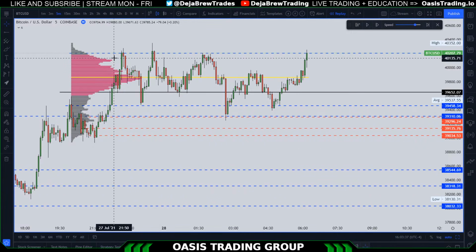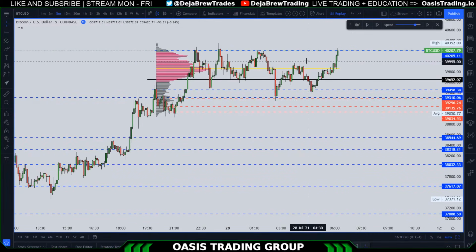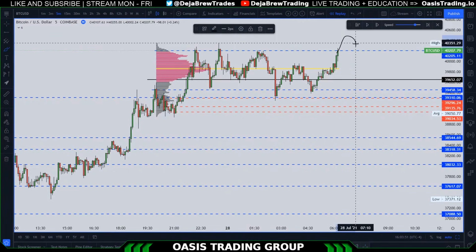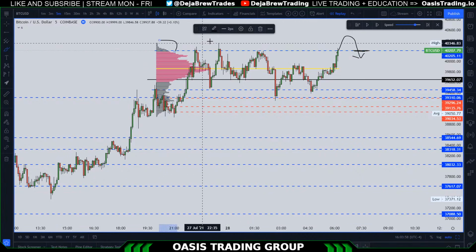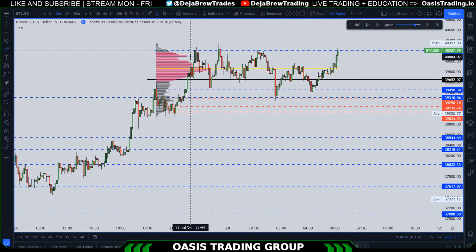So actually, let's say, actually, no, we probably wouldn't be doing that. I was going to say, let's say we're looking for a short here, but we honestly probably would not be looking for a short up here. Unless it gave us like a nasty wick, and then it pulled back inside the value area high, I probably would not be looking to short this. Because there is no resistance above this level. Does that make sense?